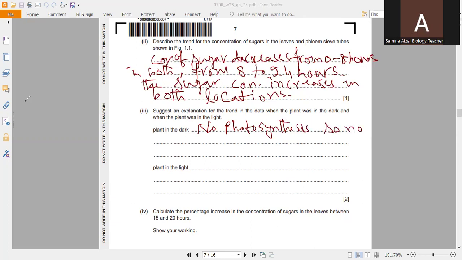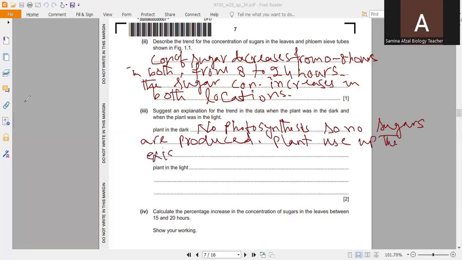The plant uses up the existing sugars for respiration.